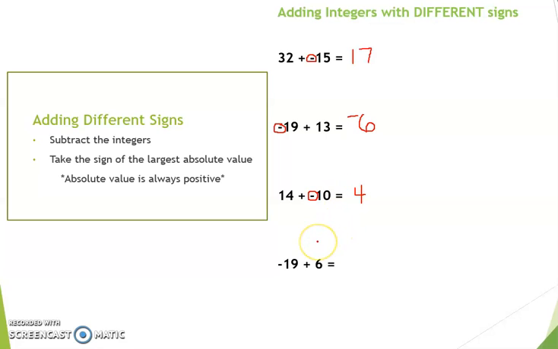All right. And then in our final example here, we have a negative 19 plus a positive 6. Our signs are different. We are going to subtract. 19 minus 6 gives us 13.